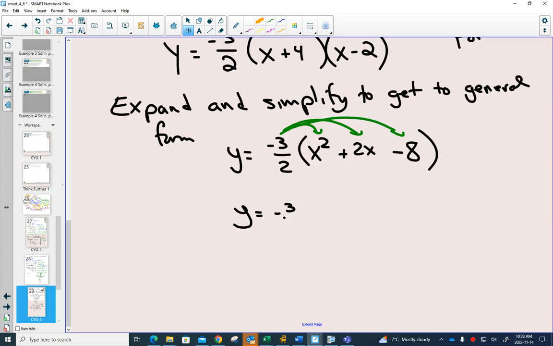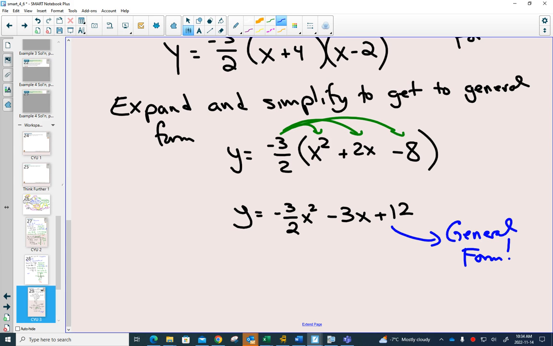That will give me negative 3 over 2 x squared minus 3x plus 12. And this is now the general form.